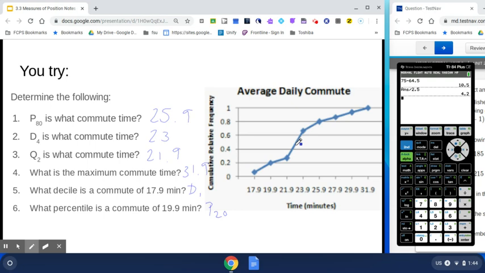Oh, and I think I underestimated that. The 50th percentile looks like at about maybe 24 minutes rather. Let me change that real quick. I think I looked across from the first quartile when I did that initially. Sorry about that. So it looks like maybe 24 minutes.